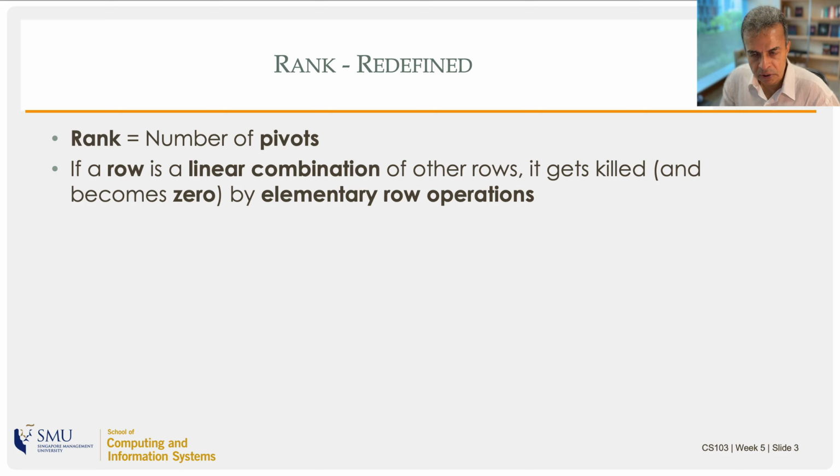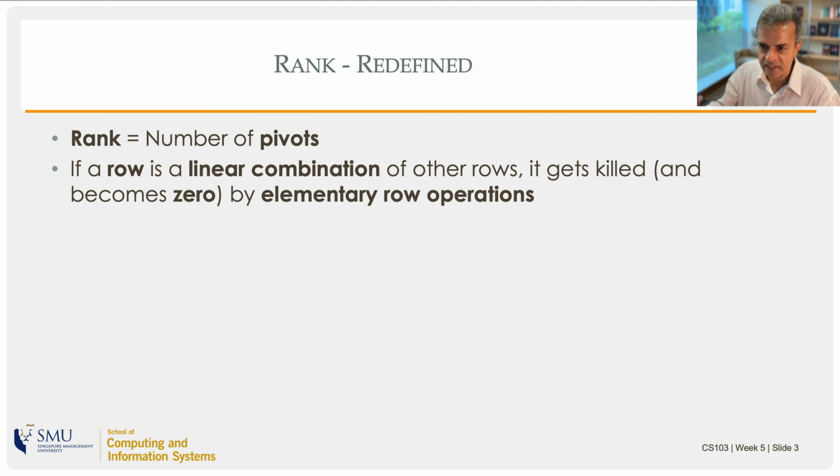And as we know, the definition of the pivot is the first non-zero element in a row in the REF, the row echelon form. That means any row that is not a linear combination of other rows will have a pivot because it's not zero. So there will be some first element somewhere in the row that is not zero. That will be the pivot.